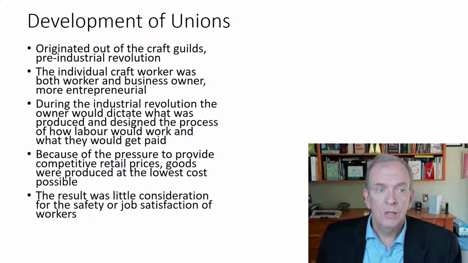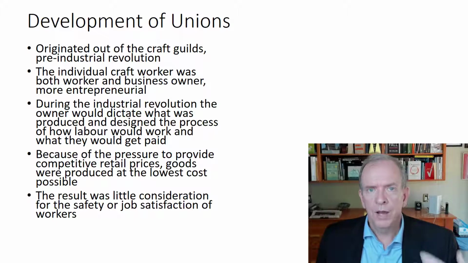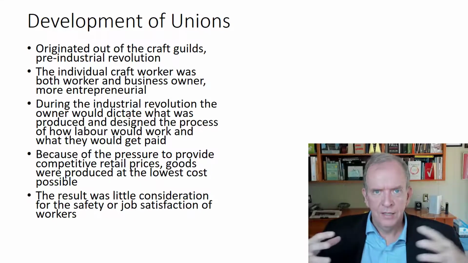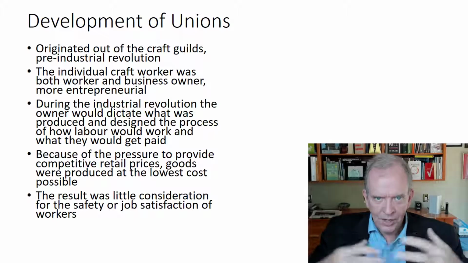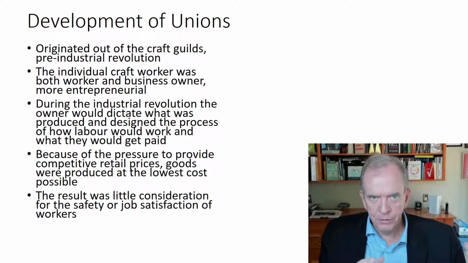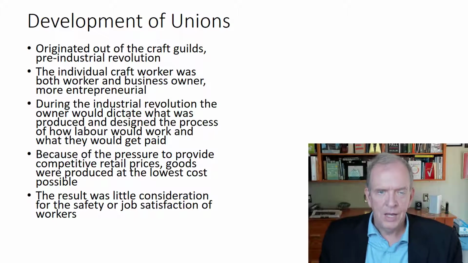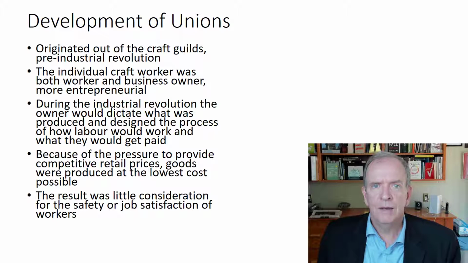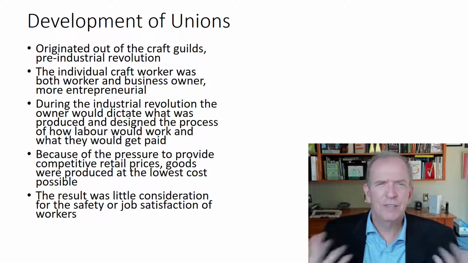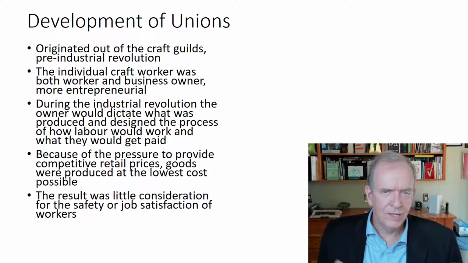Again, unions evolved out of the craft guilds, pre-industrial revolution, if you will. The craft guilds kind of protected the trades. A craft guild, if you were in a carpentry guild, you were like a community and you set your rates and tried to keep to common rates so that you could have a good living out of it. Then, of course, the Industrial Revolution hit, and it devastated the craft guilds in a lot of areas.